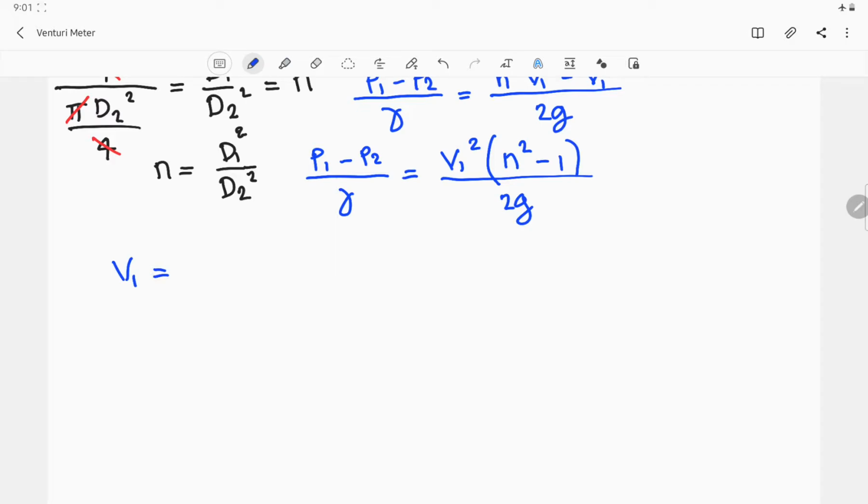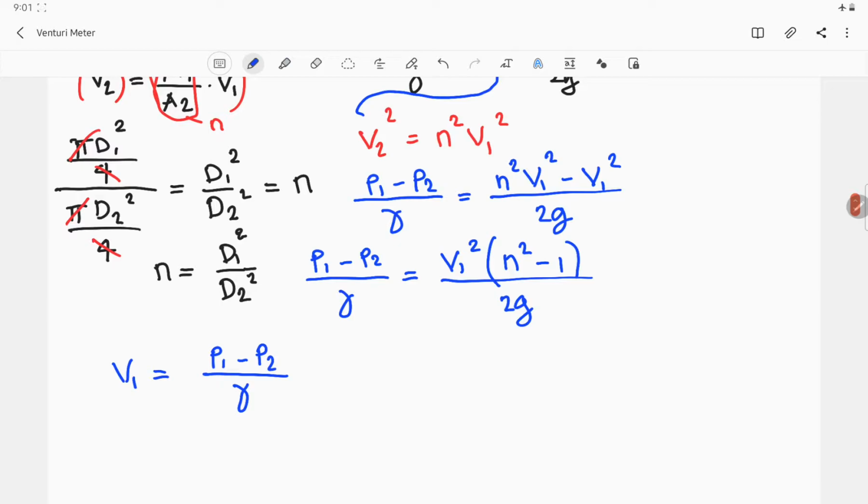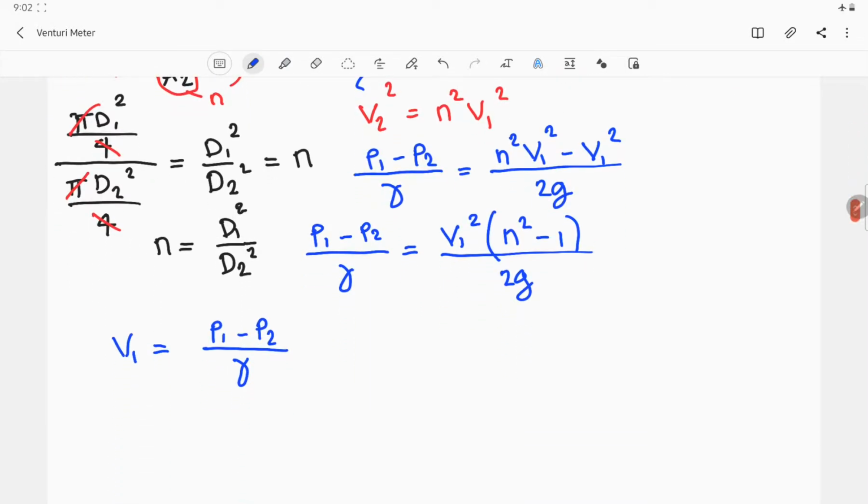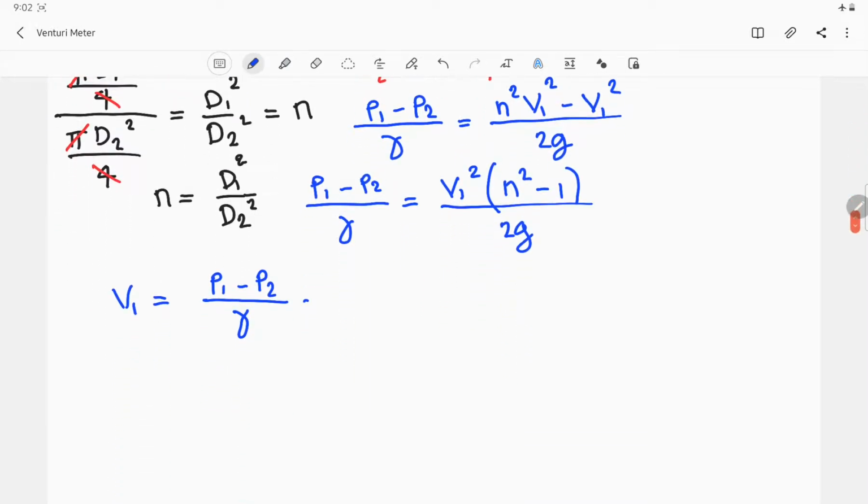That would be P1 minus P2 over gamma, which we can also express in terms of delta P, multiplied by 2G over N squared minus 1.